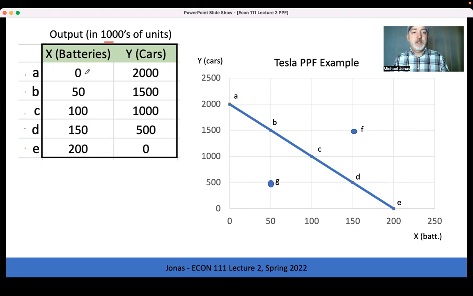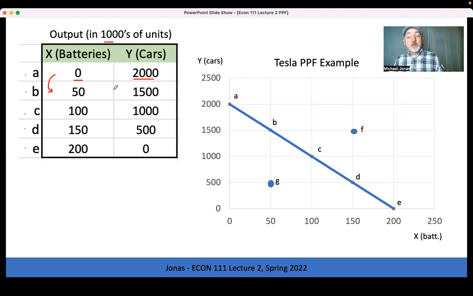So if Tesla decides to produce 0 batteries, what they're doing is they're using all of their resources in the production of cars. So the maximum number of cars they can produce in a given year is 2,000 units, 2 million cars, right?